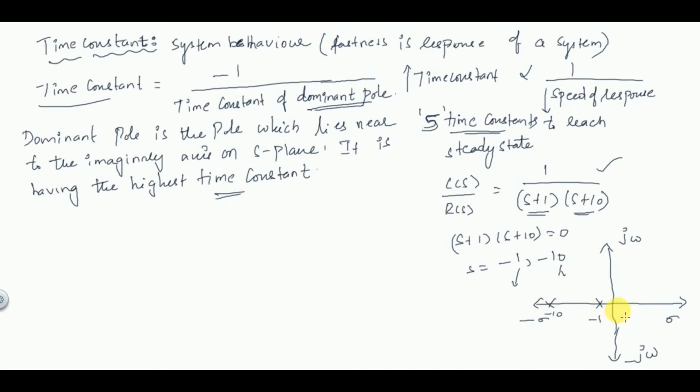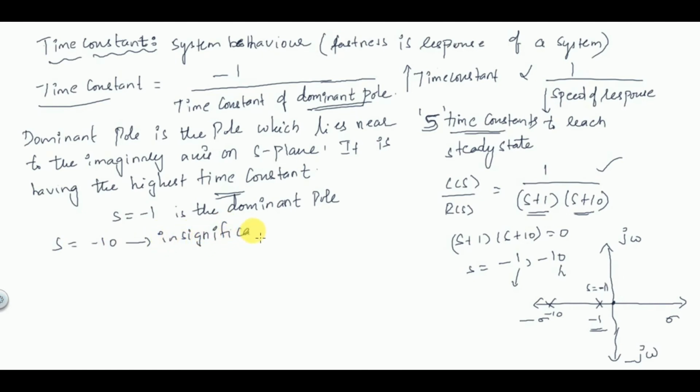As I have told you, the pole S is equal to -1 is near to the imaginary axis, so it is called the dominant pole, and the pole S is equal to -10 is called the insignificant pole.